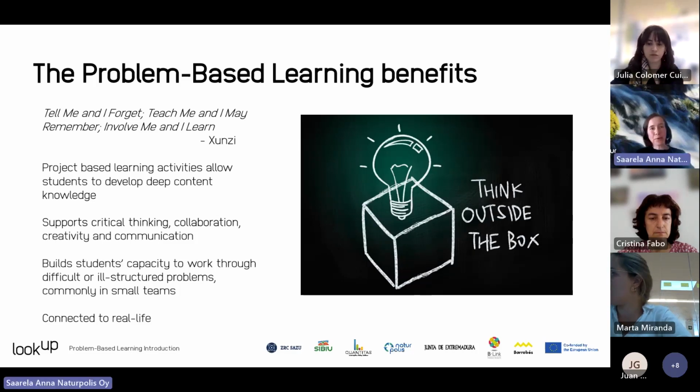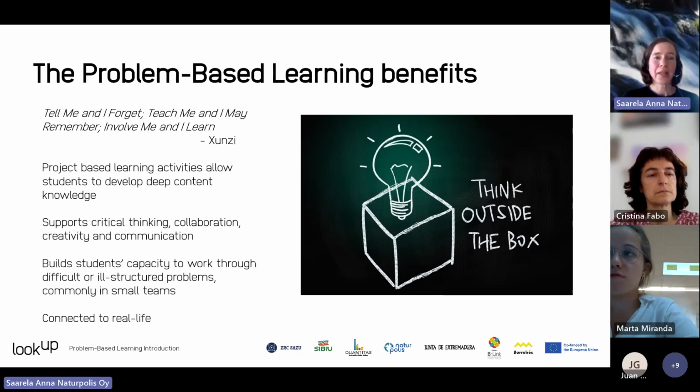So, more about the benefits of this project-based learning. Some wise man centuries ago has quoted, "Tell me and I forget, teach me and I may remember, involve me and I will learn." So these project-based learning activities allow you to develop deep content knowledge of the subject.